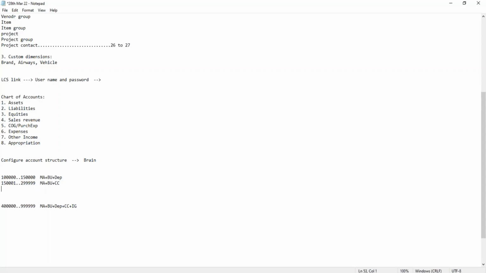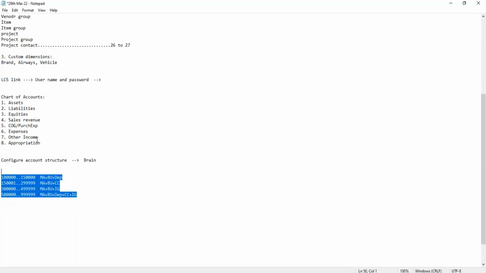Yes, I can map that. And 3000 to 49999, suppose the client requirement is main account plus business unit plus item group. Next one is 5002 to 9999. I can create these. Your wish.